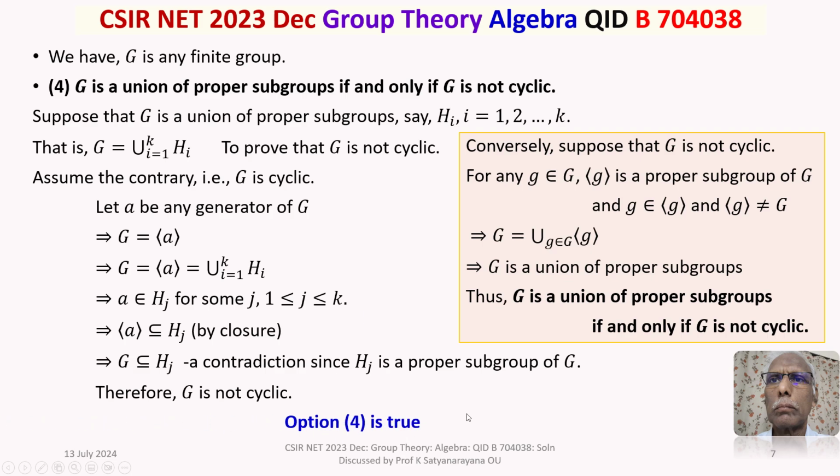The answer to this question is option 4. That is the detailed discussion of the solution of the problem given in this examination. And it is definitely an interesting question. Right. I am sure that you have understood the solution of this problem.